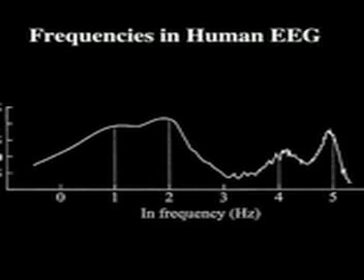And so you can see that there are changes in the energy in this waveform at different frequencies. And you can see a number of peaks within that. And those peaks correspond with some of the major oscillators within the central nervous system.